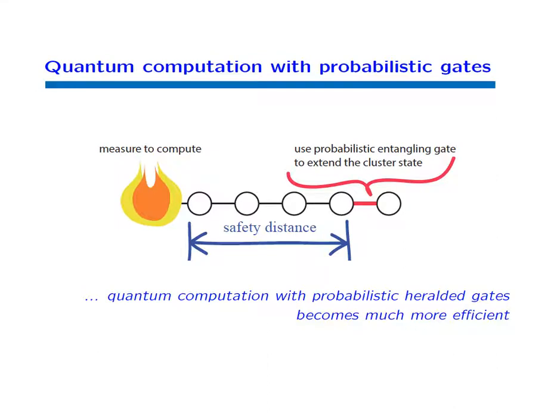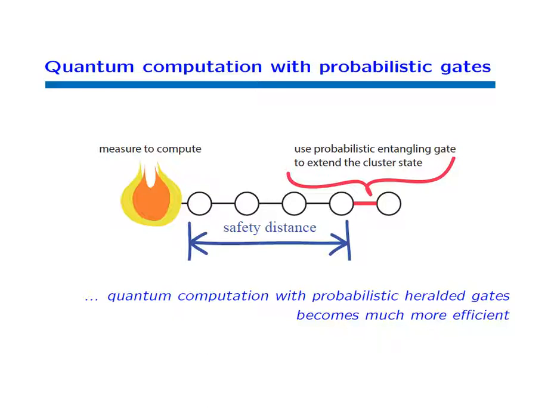This is the end of the lecture. Let me summarize. What we discussed today was how to compute with probabilistic but heralded entangling gates. We have seen that the model of measurement-based quantum computation with cluster states is very helpful for that purpose. It tremendously reduces your resource requirements.